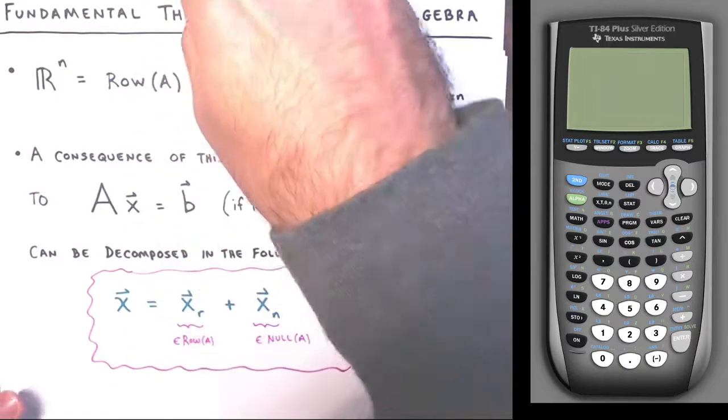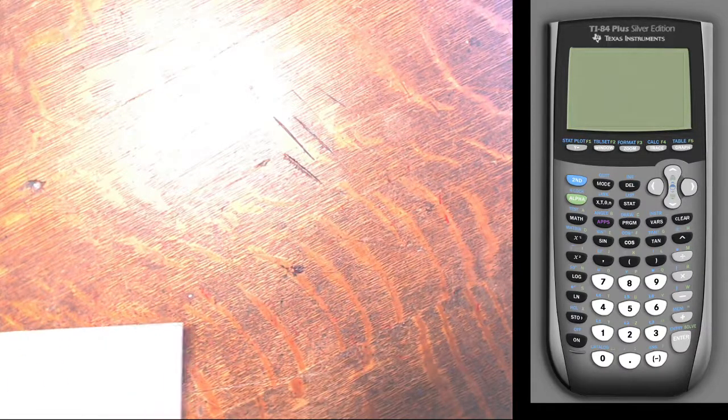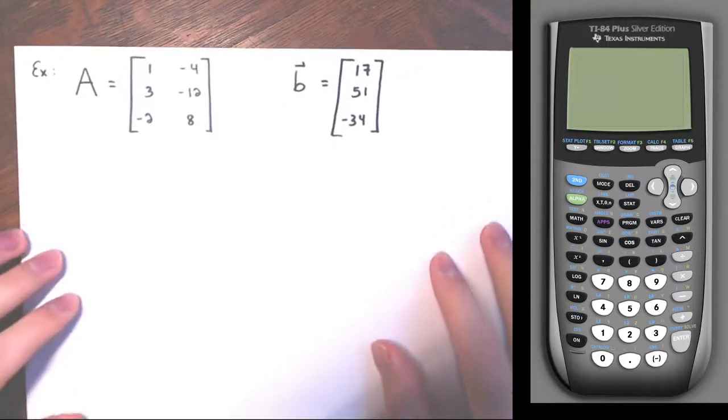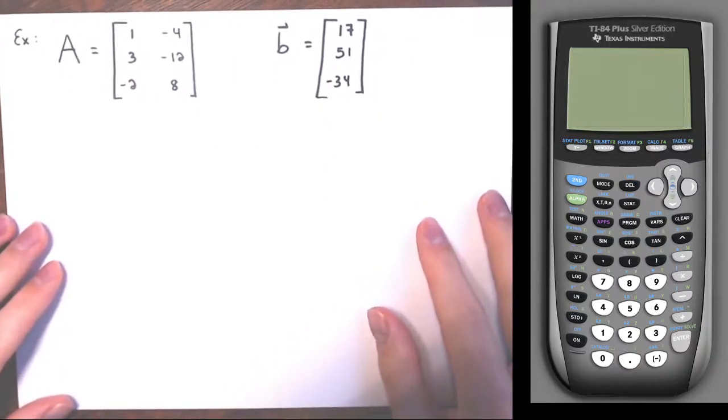So my first example, and I've chosen examples that'll actually have solutions, where the system will be consistent. Because if there is no solution, then there's nothing to do.